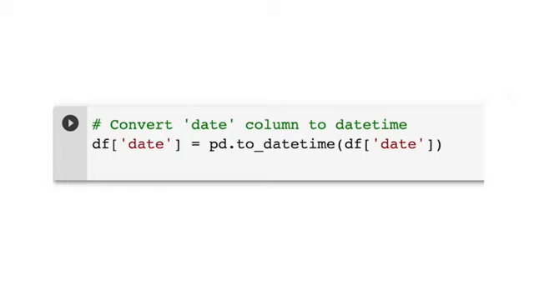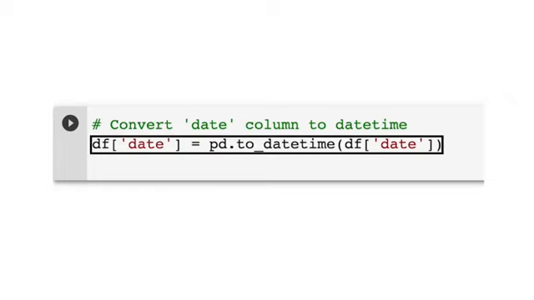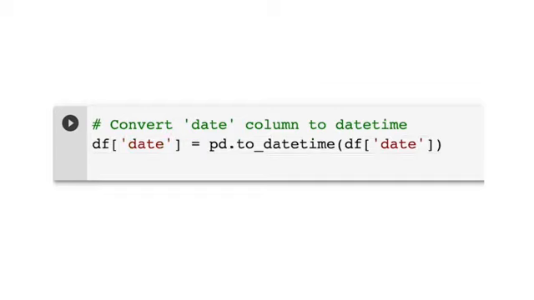We do that by simply coding df['date'] and making that equal to pd.to_datetime with df['date'] as input in parentheses. Doing this conversion gives us the quickest and most direct path to manipulating the date string in the date column, which currently is in the format of a 4-digit year, followed by a dash, then the 2-digit month, a dash, and lastly, the 2-digit day.